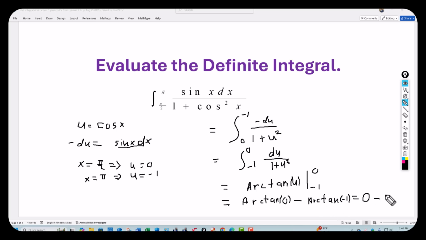And we're dealing with radians here, so the arctangent of negative 1 is negative pi over 4. So 0 minus a minus pi over 4 will just give us positive pi over 4. And that's the value of this definite integral.